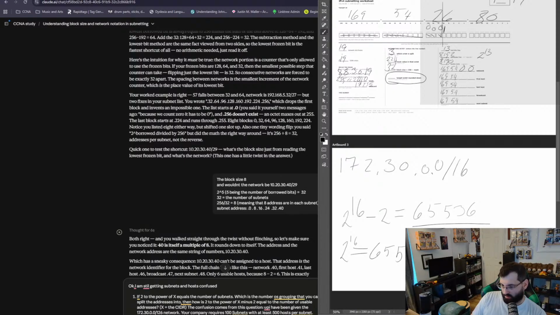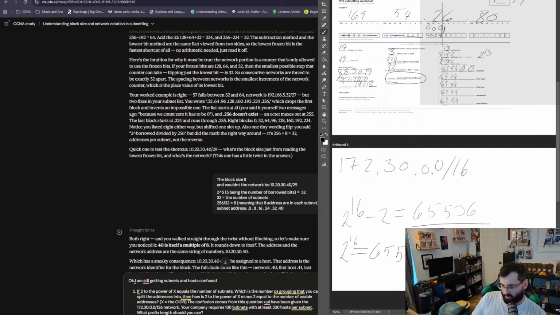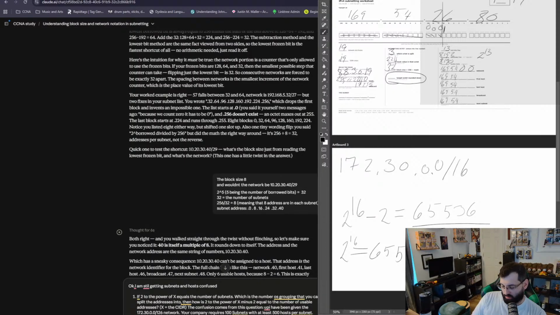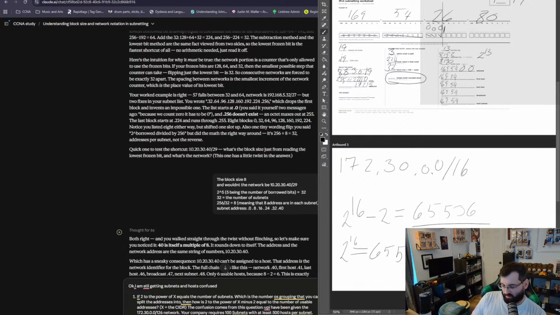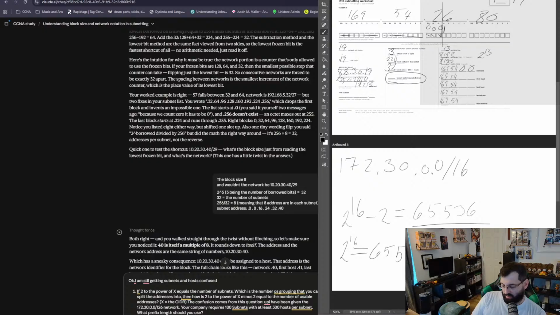And so that means there are 512 subnets, but that also means that in each subnet there are only 2 addresses? That doesn't make any sense.